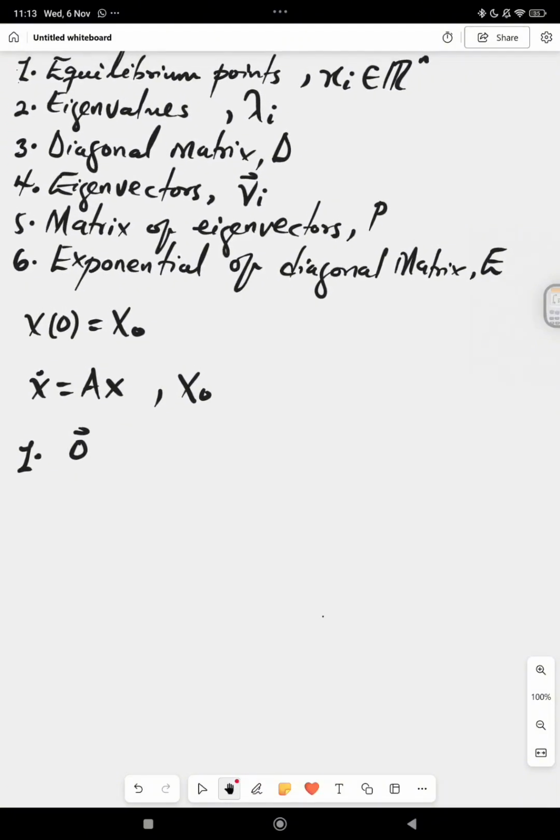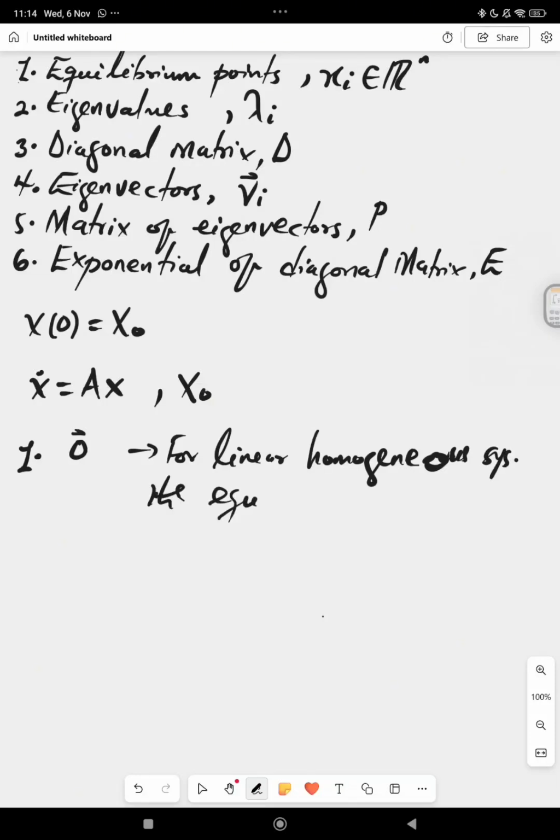So for linear homogeneous systems, the equilibrium point is always at the origin.